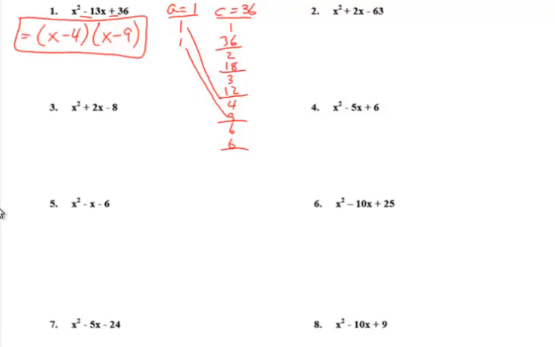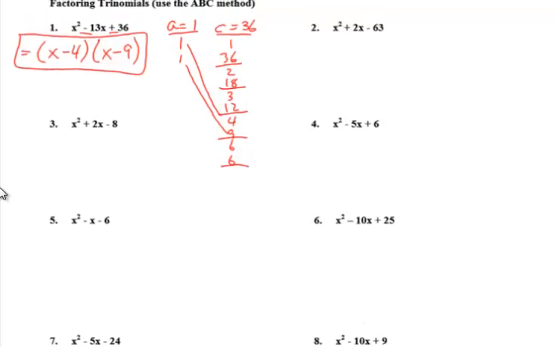Now, when you look at one like number 2, what do we have here? Well, we have A as 1, so 1 and 1. C is negative 63. So we've got, now it's going to be negative. So we had a negative 1 and 63.